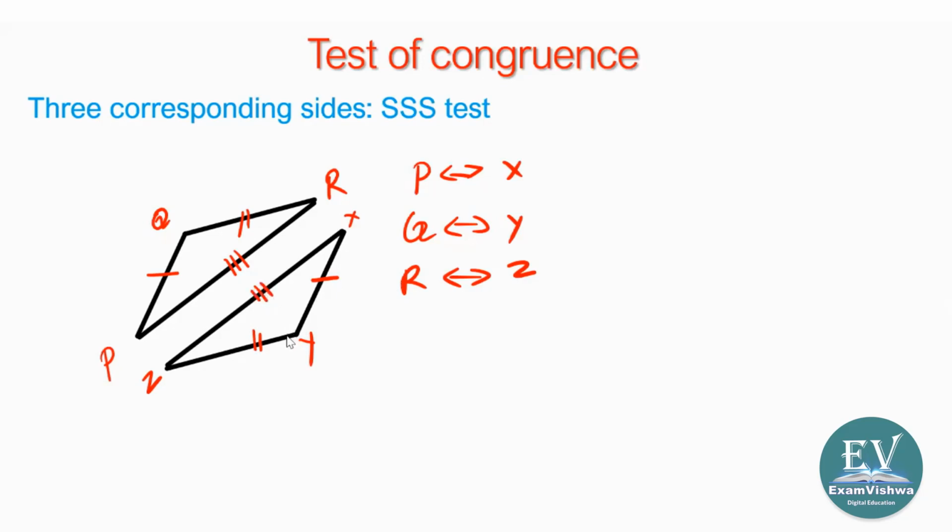This way the congruence would be, and this way the correspondence would be. Understood? This type of showing the congruence of two triangles by showing the congruency of three sides is named the SSS test of congruency. Very simple, easy to understand.